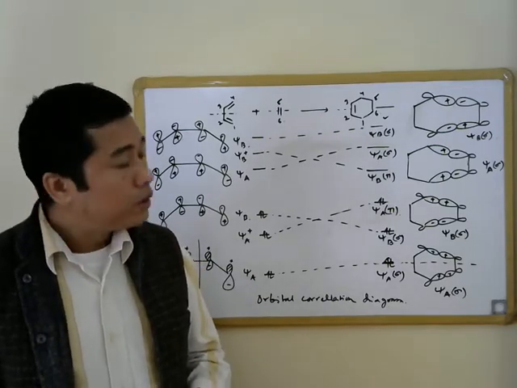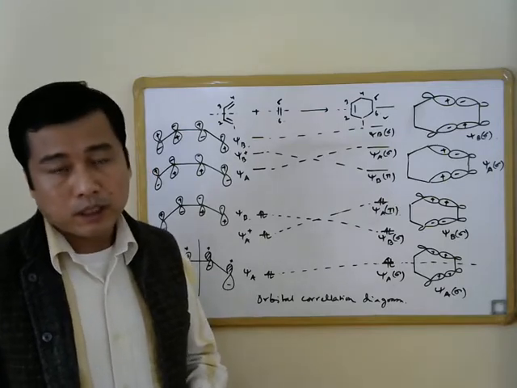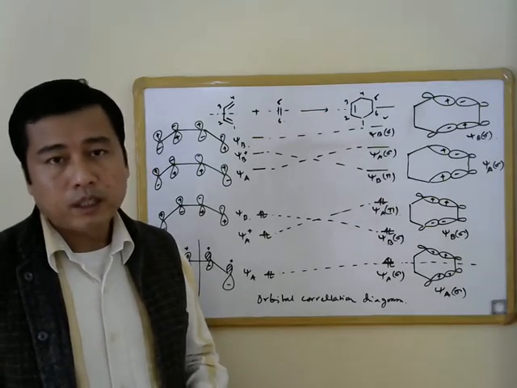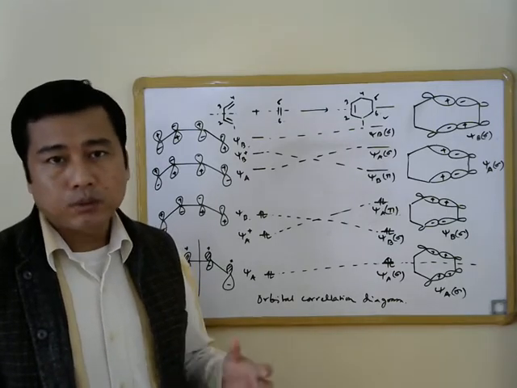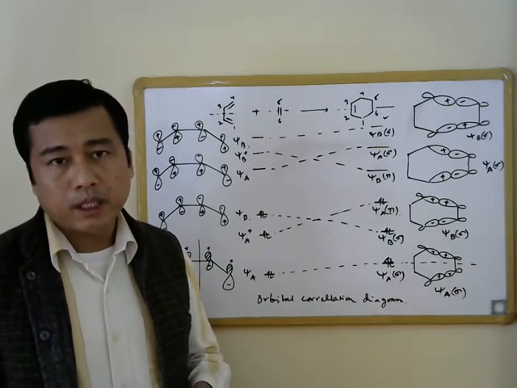So this is essentially the symmetry selection rule for the 4+2 cycloaddition reaction using the Woodward-Hoffmann rule. This brings us to the end of this lecture. What we have learned is how we can do symmetry analysis for a 4+2 cycloaddition reaction.